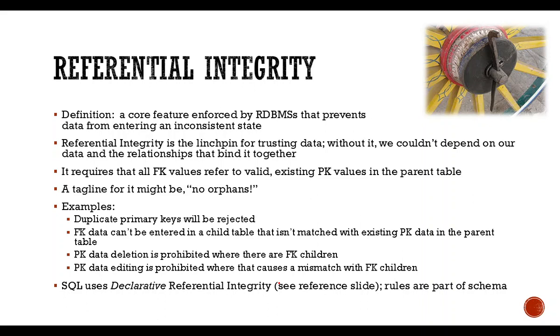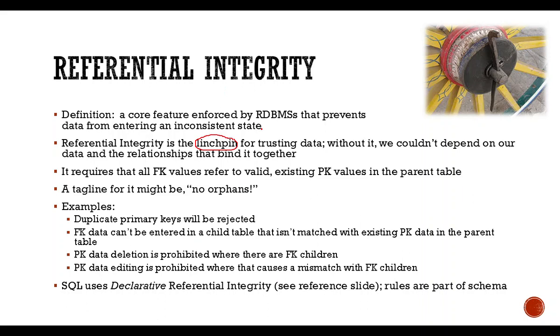There's nothing that keeps it inconsistent or out of sync, so that you can trust it, right? This is a linchpin for database software. If your relational database software doesn't help you guarantee referential integrity, that's a problem. If we set things up correctly, then SQL will make sure that our data stays in integrity.